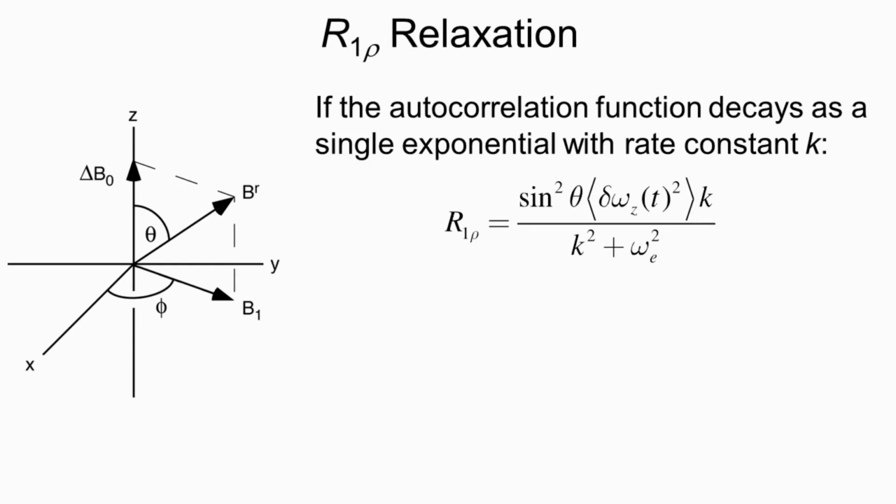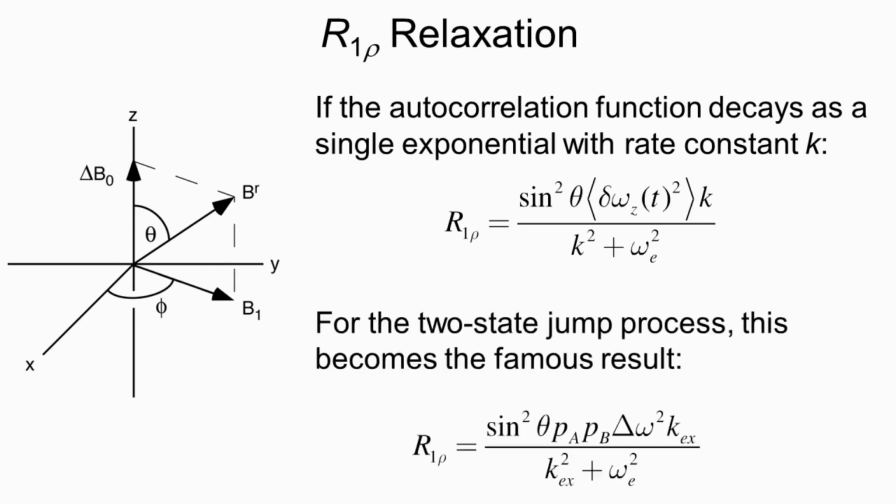And if we go to the two-state process, we remember that the variance of the two-state process is PA PB delta omega squared. So here's a very famous result. This is the R1 rho contribution from two-site hops in the fast limit. And as shown, it depends on omega e squared.